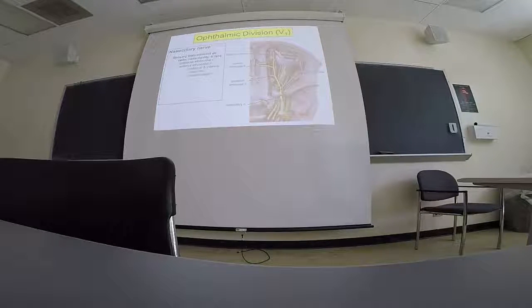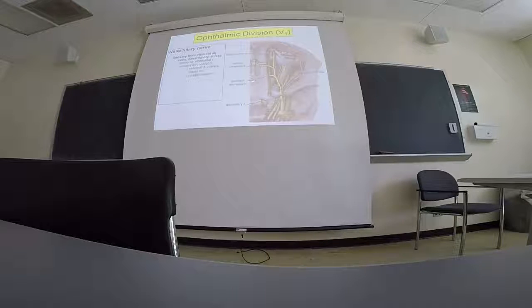Again, medially and a little bit deep, so you'll have to go a little bit deeper in your dissection here. See, they've reflected some muscles already, but you'll be able to find the nasociliary nerve, which is sort of easy to identify because of a bunch of branches it gives off medially. So if you find a nerve that has a bunch of these twigs heading medially, you'll know you've found the nasociliary.